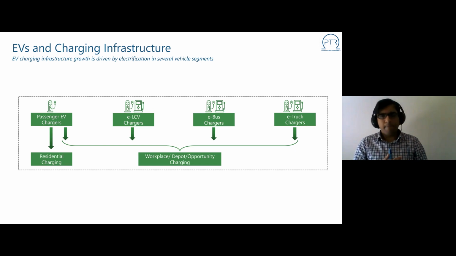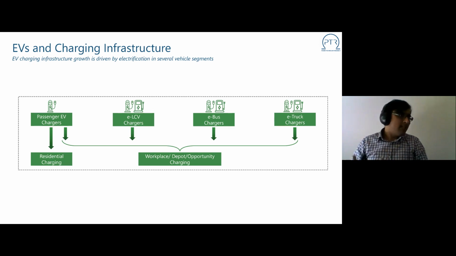But that is only one side of the picture, because the residential charging is driven directly by the passenger EVs, but it does not have a direct impact on the transformers market. It does, because part of the residential charging is where we have charging infrastructure which goes into single dwelling and multi-dwelling housing infrastructure as well. So it does have an impact, but a rather minimal impact on the overall transformers and T&D market.